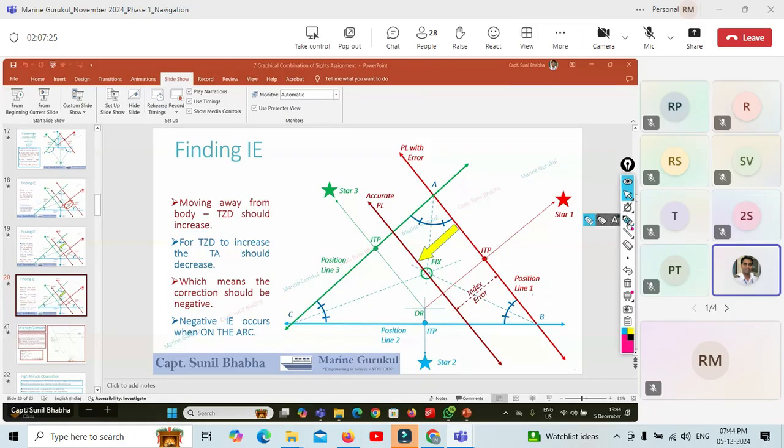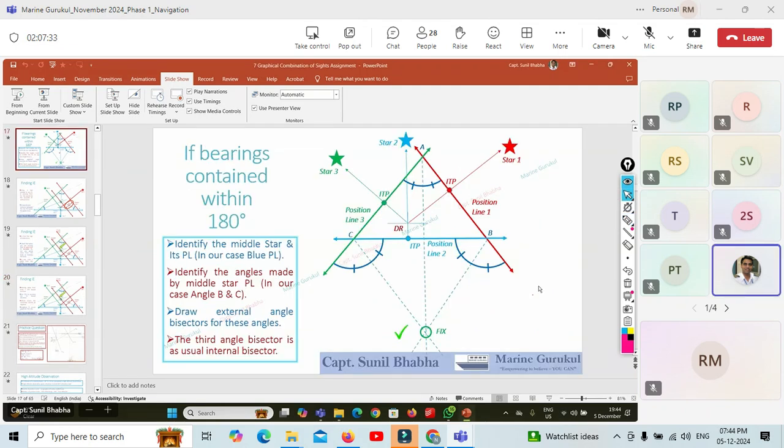Okay, great. Now we go back to the scenario where the fix was outside. So bearing stretch contained within 180 degree and the fix was outside. Now let us assume that the fix was inside. We make the fix inside here.